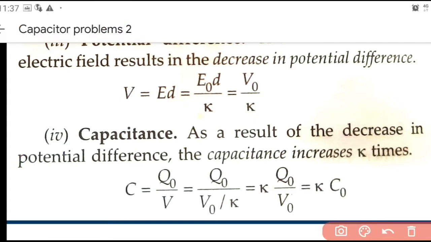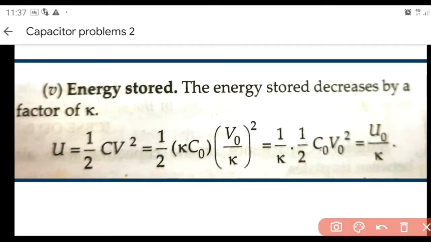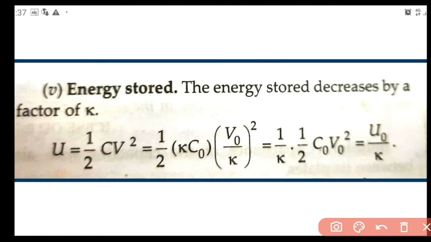Then the next thing, that is energy. To know the energy stored, we substitute in the equation half CV square. Here C is K C0 and V is V0 by K. Just substitute.